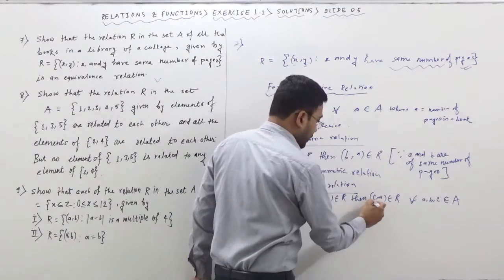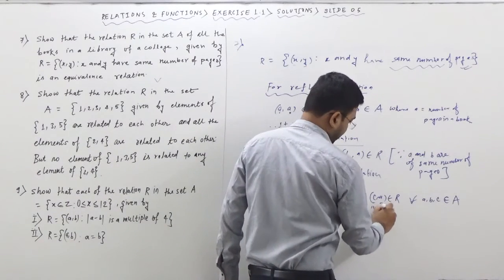So here (C, A) also will be 10, 10, for example.